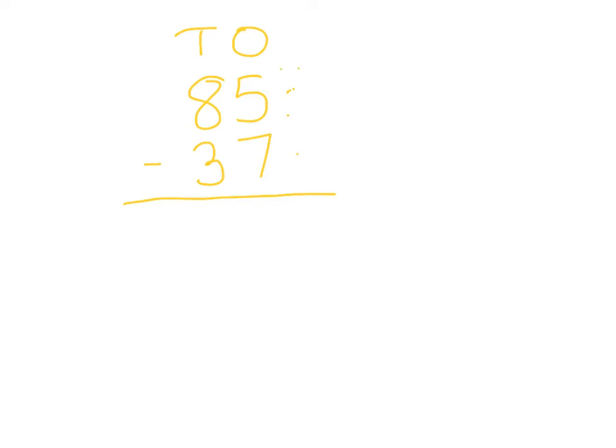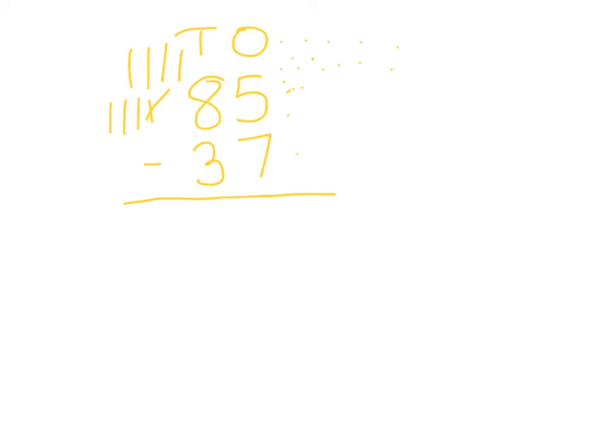Let's do 5 dots and let's do 8 longs. All right, in order for this to work, because 85 is 8 tens and 5 ones, we're going to have to trade. So we're going to have to take one of these tens away and make this 10 more ones.